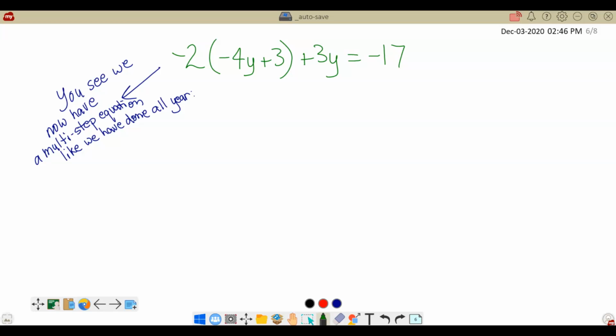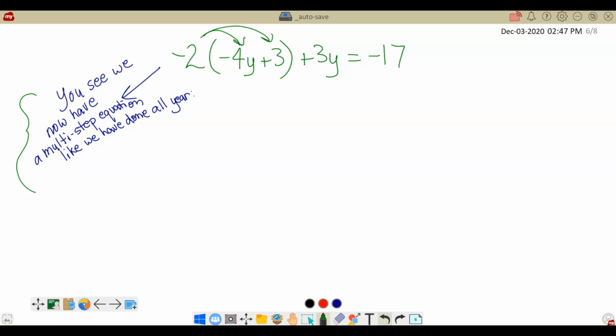So let's do it. This is a very important note: we now have a multi-step equation. We've been doing these since August. Very, very simple. We distribute our multiplication, we combine like terms, we isolate the variable.